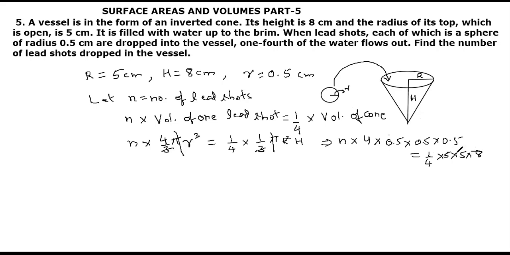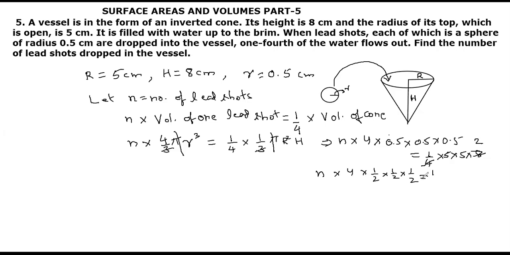Height is 8 centimeters. Here you can cancel: 4 ones are 4 and 4 twos are 8. 5 fives are 25, twos are 50. And 0.5 means 1/2, because 5 upon 10, 5 ones are 5, 5 twos are 10. So 0.5 we can write as 1/2.